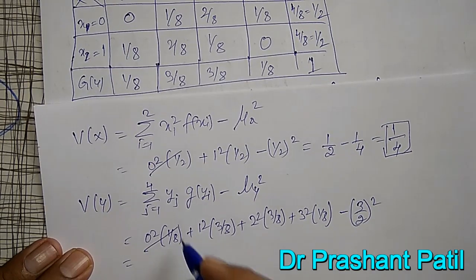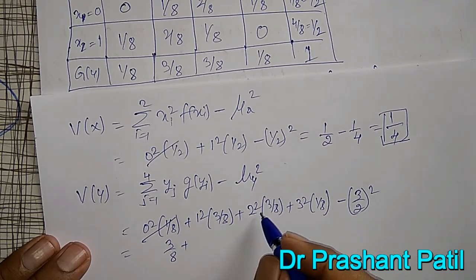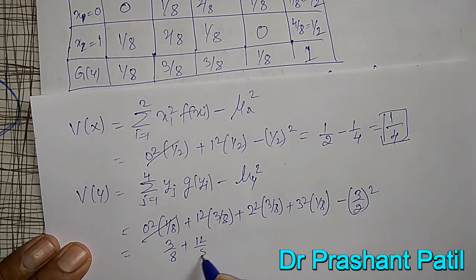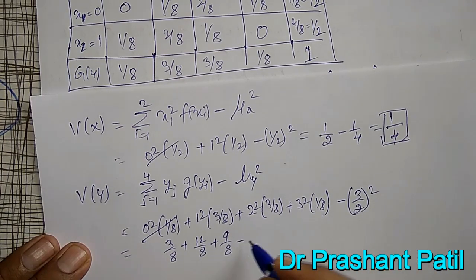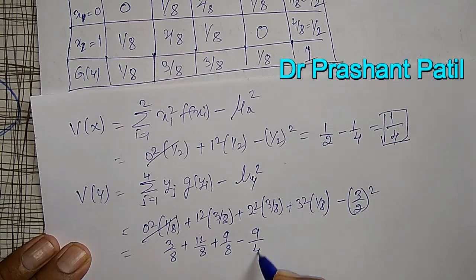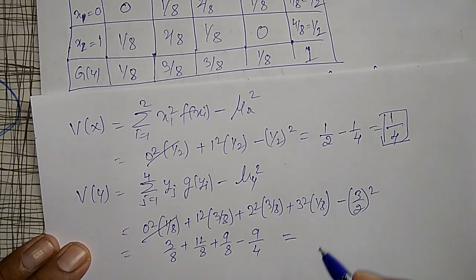Simplifying this, this is 0, this is 3 by 8, plus 2 square is 4, 4 into 3 is 12, 12 by 8, plus 3 square is 9, 9 by 8 minus 9 divided by 4. Evaluating this, I am going to get 3 by 4.